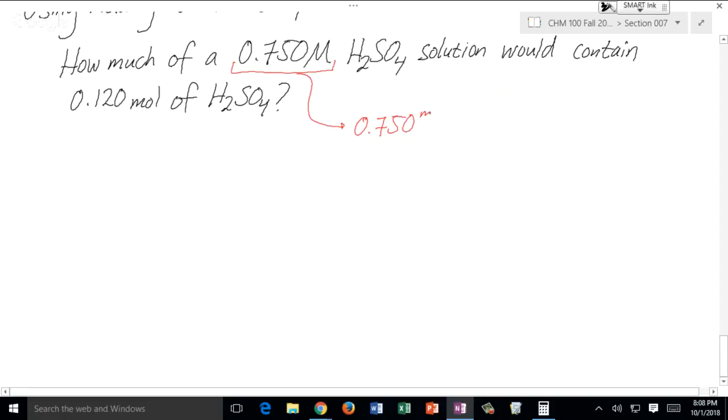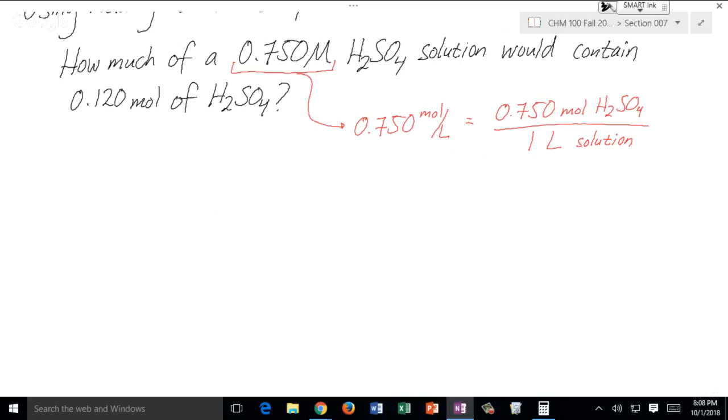We need to know that that means 0.750 moles per liter, or 0.750 moles of sulfuric acid per liter of solution. That's what molarity means. So when you see that 0.750 molar, that's what that actually means.